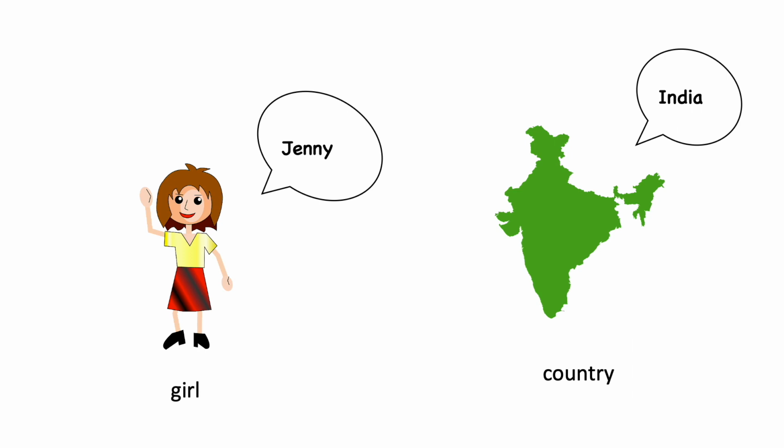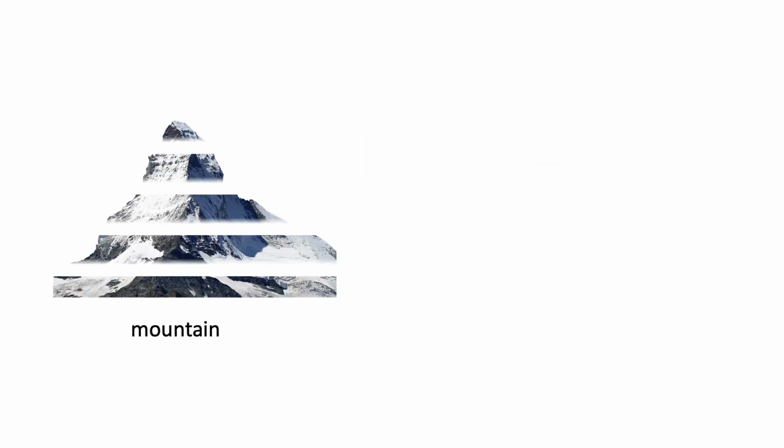Let's take a look at some other examples. Let's say a mountain. Mountain is also general and can be any mountain. So it's a common noun. But if we say that this mountain is Mount Everest, then it is a proper noun because we're being more specific about which mountain it is. Let's take a look at another example.